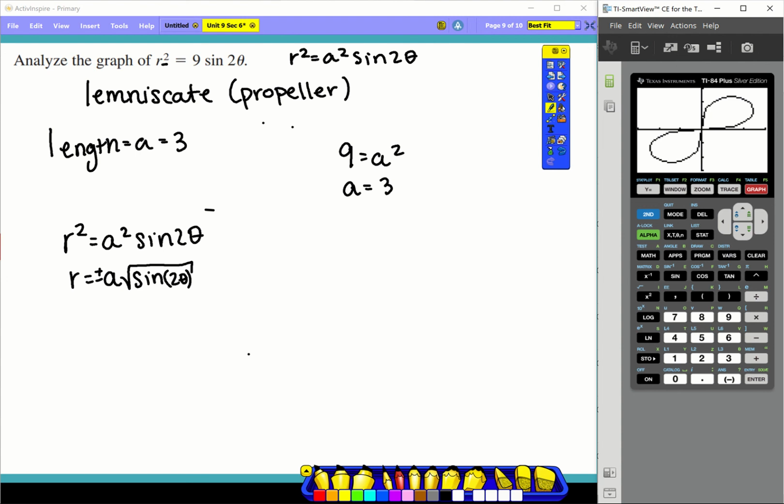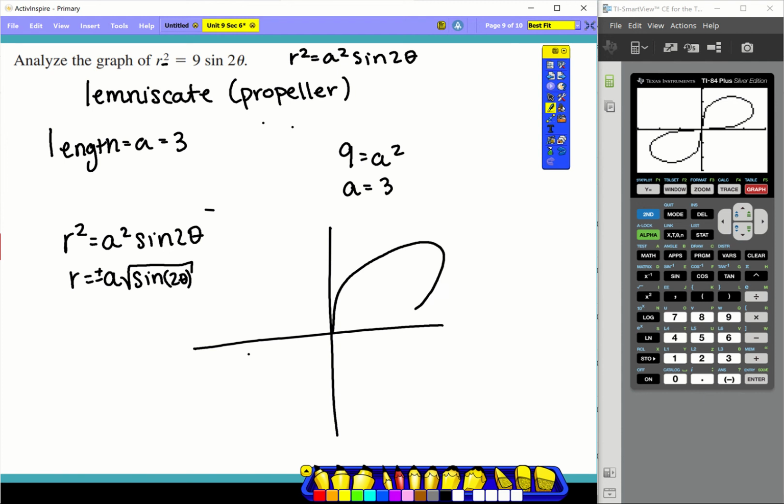Oh, all right, well that gives us a propeller. And that's what that looks like. So we can say it's something like that. I'm terrible at drawing these propellers. So this length is 3.